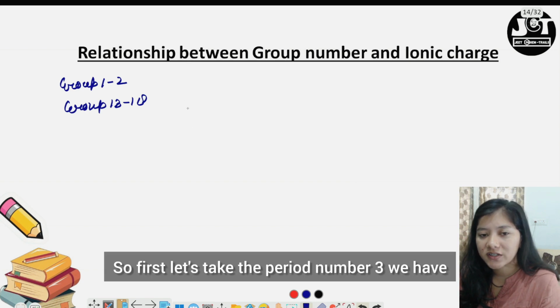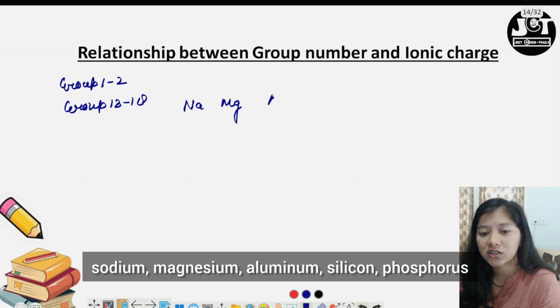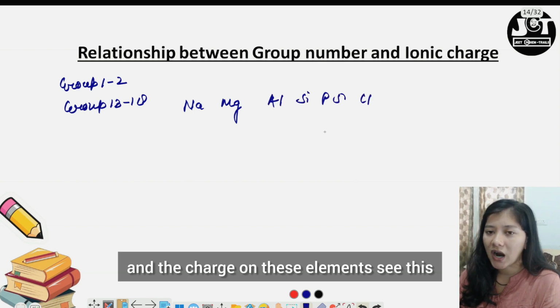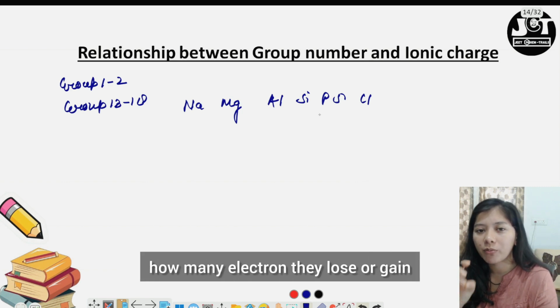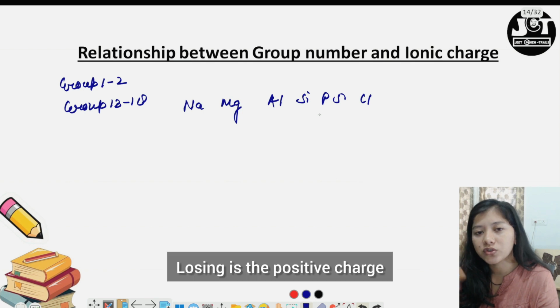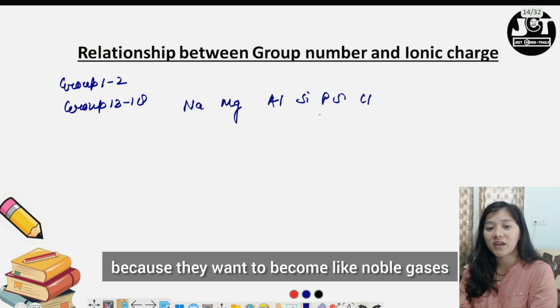So first let's take period number 3. We have sodium, magnesium, aluminium, silicon, phosphorus, sulfur and chlorine. This charge basically depends on how many electrons they lose or gain. Losing is a positive charge, gaining is a negative charge. And it depends on the noble gases, right? Because they want to become like noble gases.